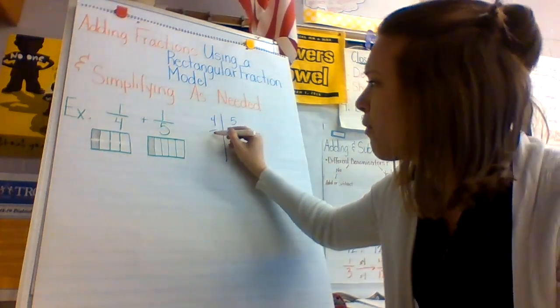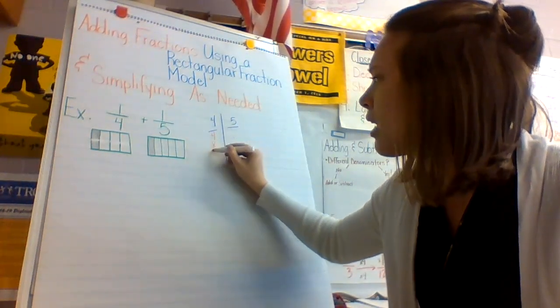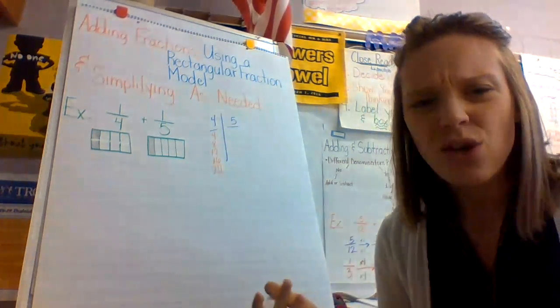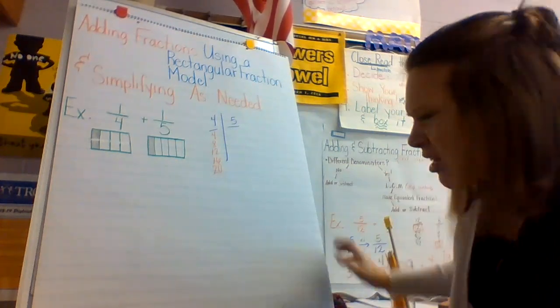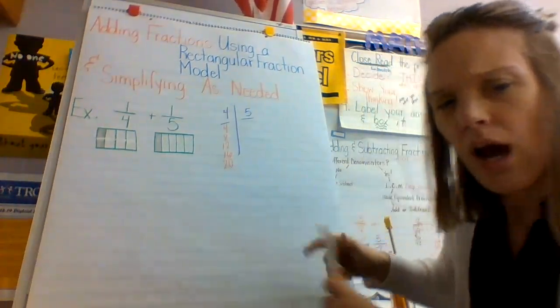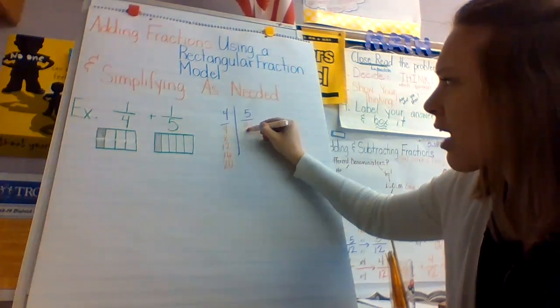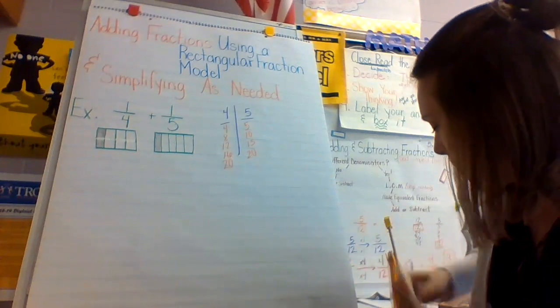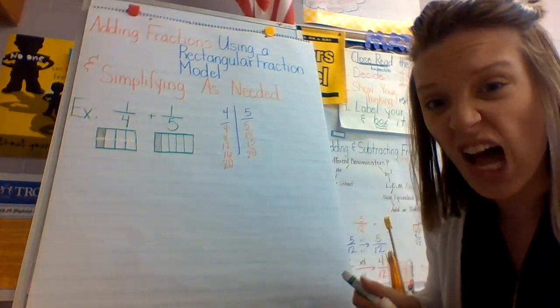So when we skip count by fours, we have 4, 8, 12, 16, 20. As always, I tell my scholars, list 4 or 5 multiples to start off with. And then we'll skip count by fives, 5, 10, 15, 20. At this point, my scholars would yell, "Stop, stop, stop."